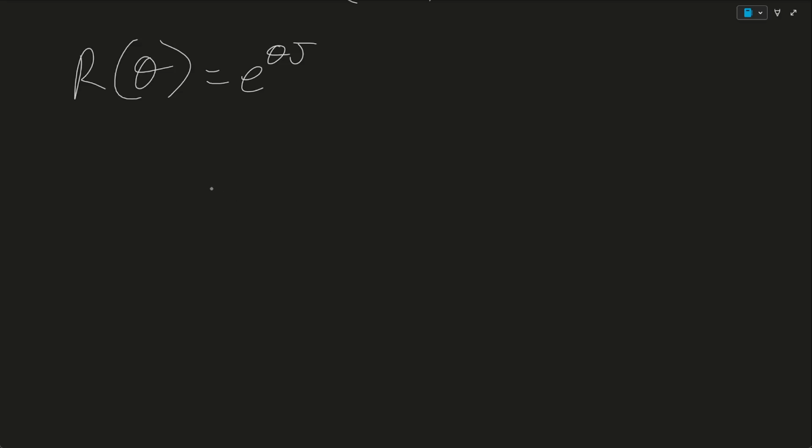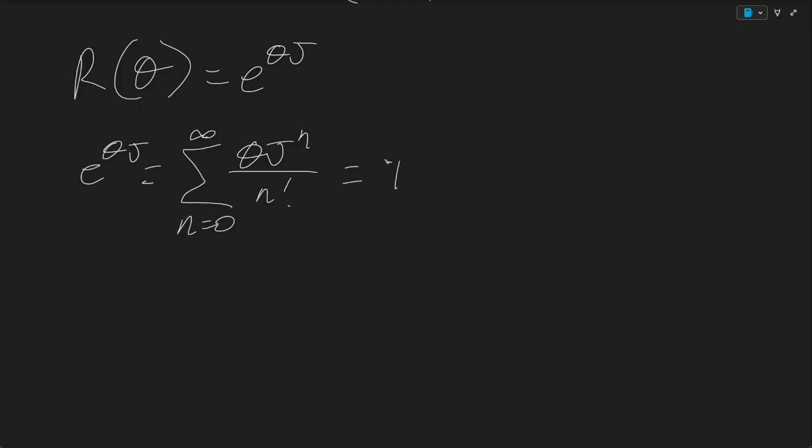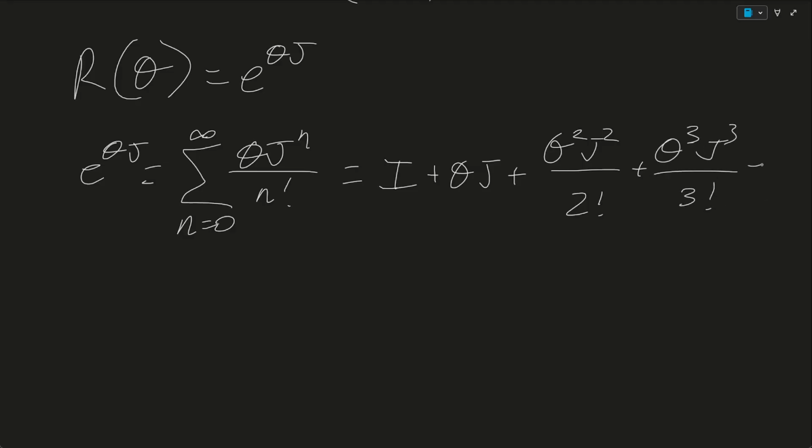We can expand this with the Taylor series: e to the theta J is the sum over n of theta J to the n over n factorial, which is I plus theta J plus theta squared J squared over 2 factorial plus theta cubed J cubed over 3 factorial, etc.